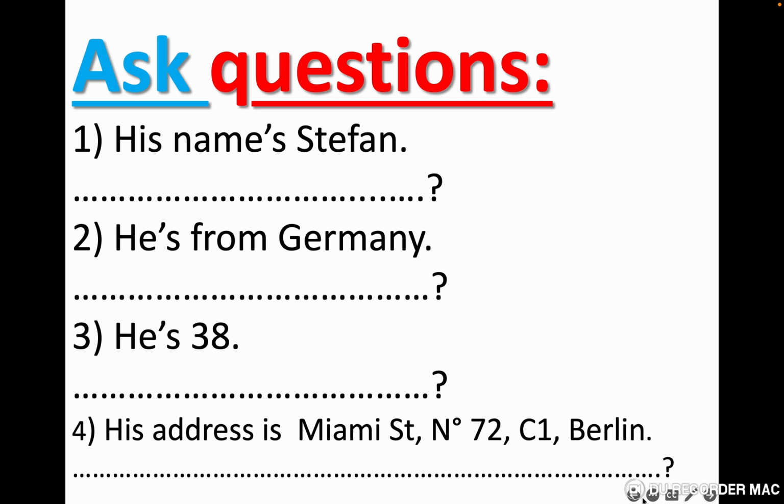His address is Miami Street, number 72, C1, Berlin. What's the question? You are going to do the same. Stop the video here until you finish the 4 questions, then you can move to the next slide.